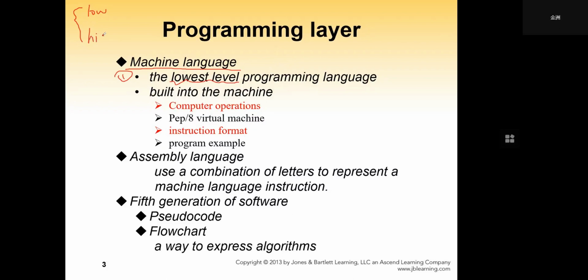Okay, so low-level means it is much more convenient for the computer or the machine to understand, but it is quite difficult for human beings to understand. So we call it a very low-level programming language. For example, the machine language is one kind of low-level programming language. And among all the low-level programming languages, it is the lowest level. Also, assembly language is a low-level programming language.